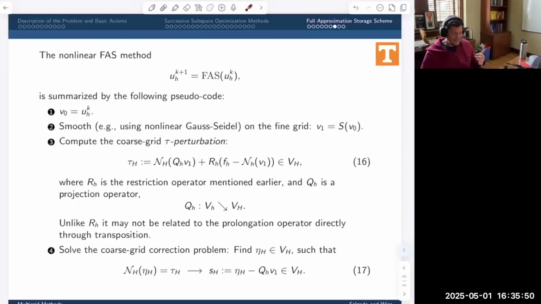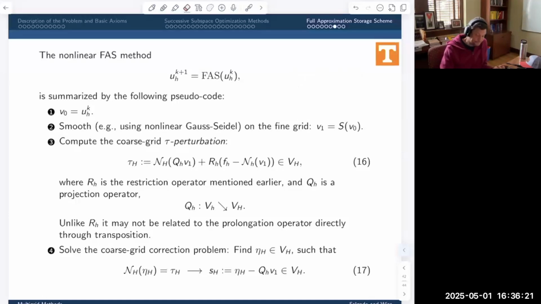But the Galerkin condition doesn't make much sense anymore. Remember, the Galerkin condition involves something called the RAP condition. A_H equals R_H A_h P_H, it looks something like this. Okay, so in our current notation, that would be the Galerkin condition, but that doesn't really work for nonlinear equations. It only works for linear things, and in this case, specifically matrices.